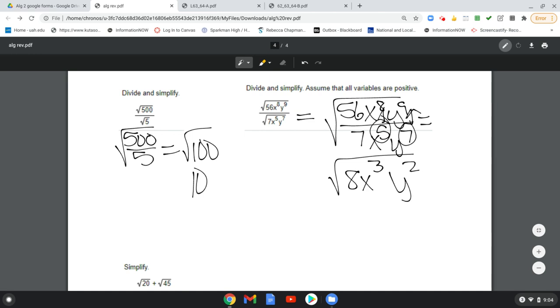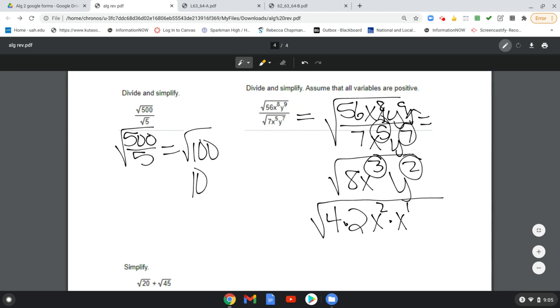Now I have to break up some of these things because 8 is not a perfect square. X to the 3rd is not a perfect square. So I'm going to have to break these terms up. So 8 is going to break up to 4 times 2 because 4 is the perfect square factor of 8, and I can take the square root of that. 2 is not. Since this number is not evenly divisible by 2, I'm going to split it to x squared times x to the 1st.